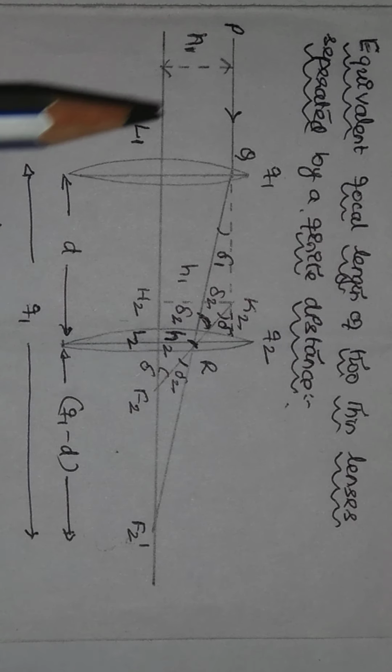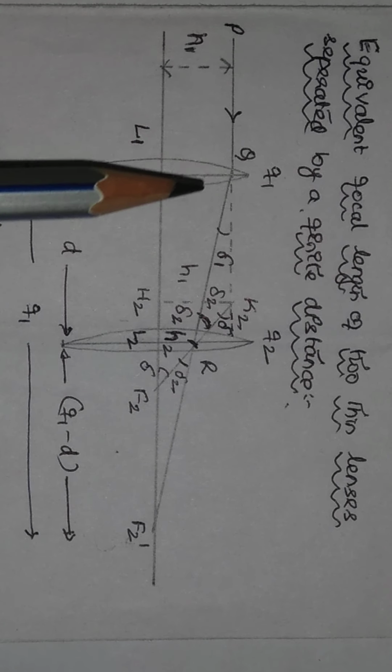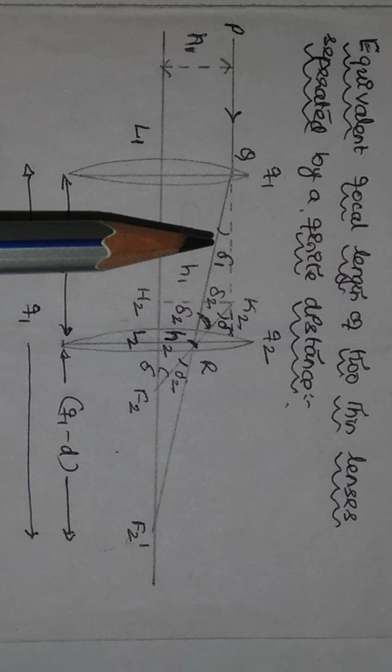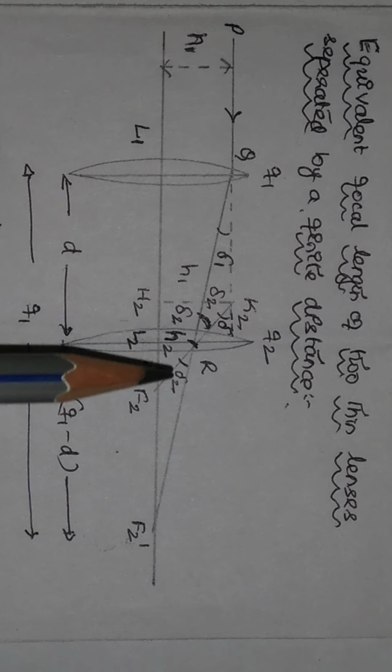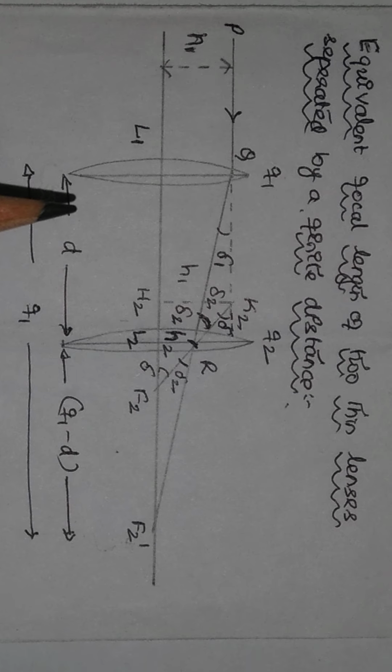When a monochromatic ray PQ, which is incident on the lens L1, deviates by an angle delta 1, it will produce the image at the point f2 dash, which is called the second focal point of the lens L1.